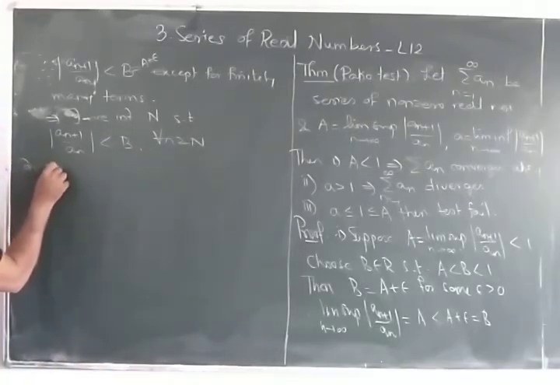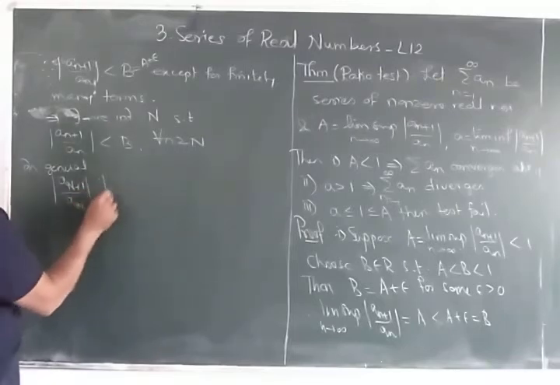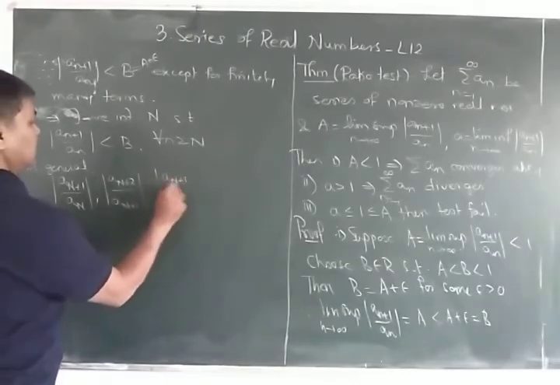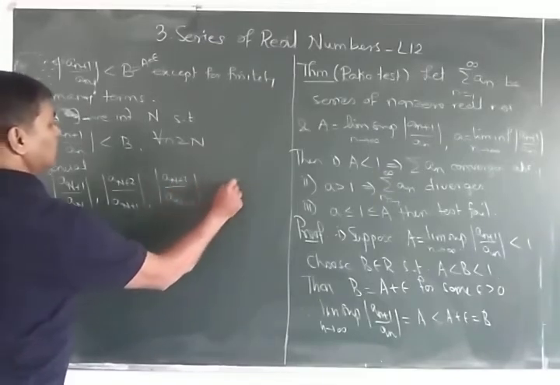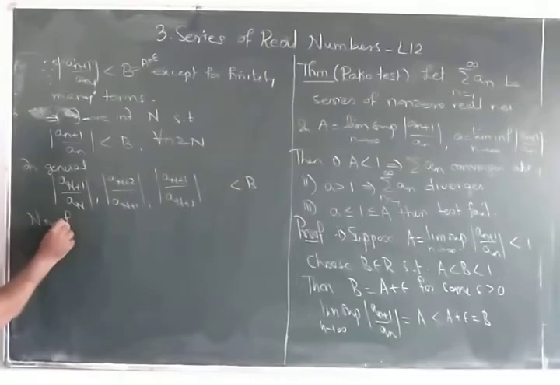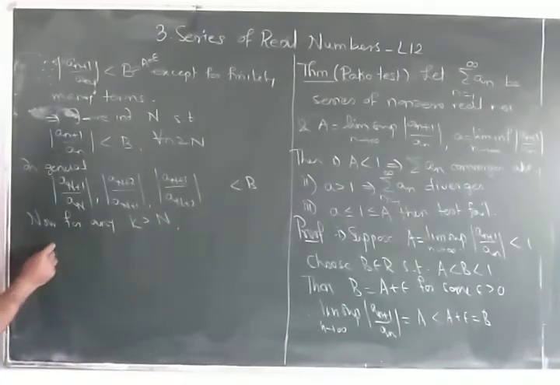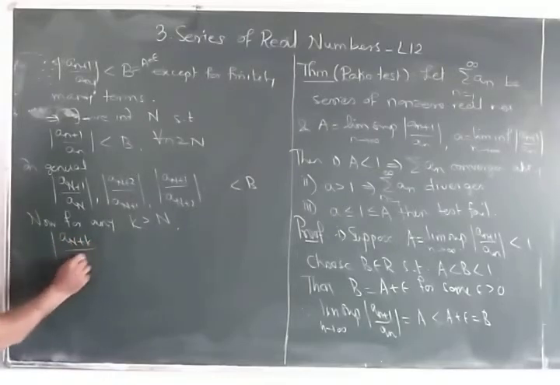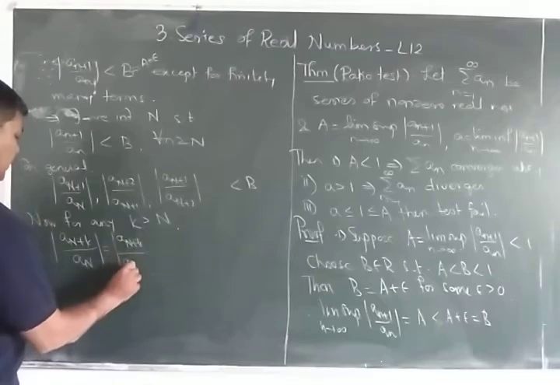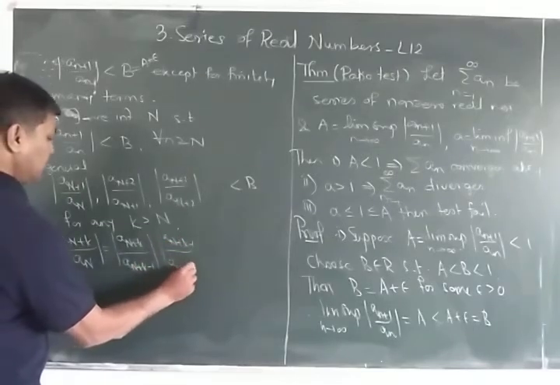In general, mod of a_(N+1) upon mod a_N, mod of a_(N+2) upon mod a_(N+1), mod of a_(N+3) upon mod of a_(N+2), and so on are less than B. Now for any k greater than N, mod of a_(N+k) upon a_N is equal to mod of a_(N+k) upon a_(N+k-1) into mod of a_(N+k-1) upon a_(N+k-2), and so on.